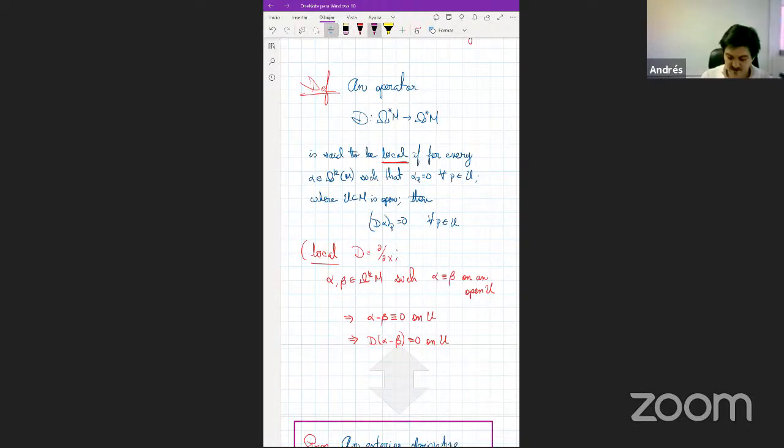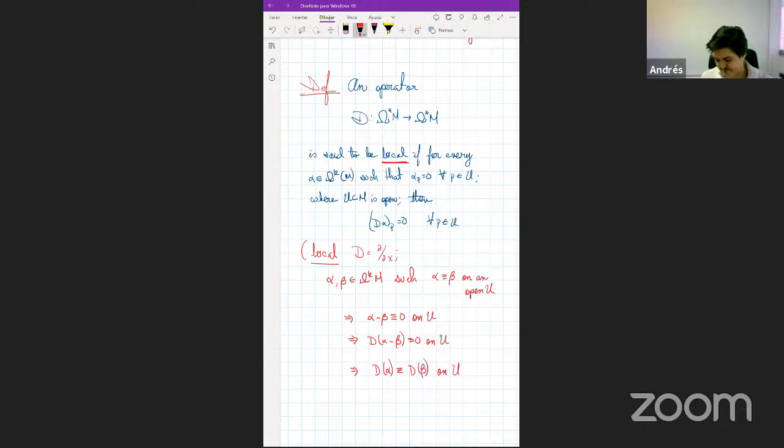Remember that they are always linear. So that's the main thing, and that's how we're going to use this property of the operator.